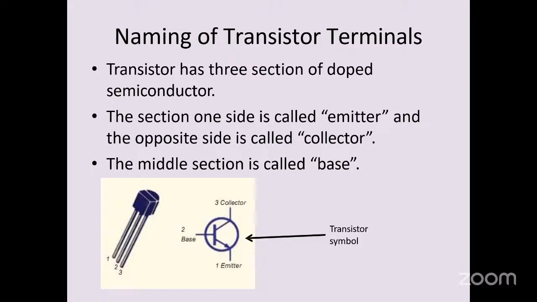The section on the left hand side is called the emitter, the right hand side section is called the collector, and the middle portion is called the base. In the symbolic representation, you can observe the current coming out from the base to the emitter. This is the NPN transistor. When the current is coming out from the emitter to the base, it is the PNP transistor.